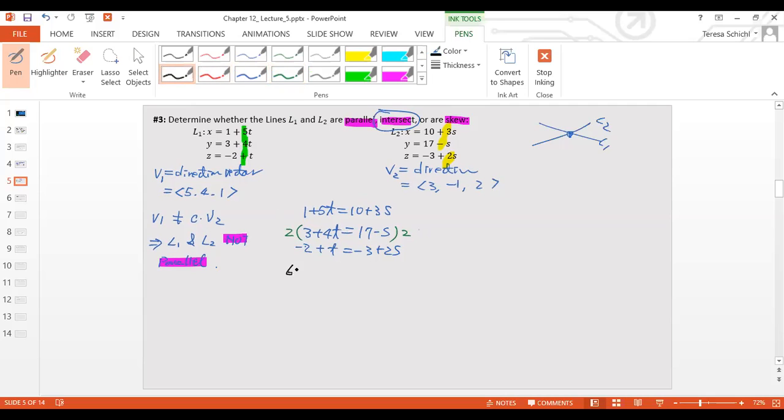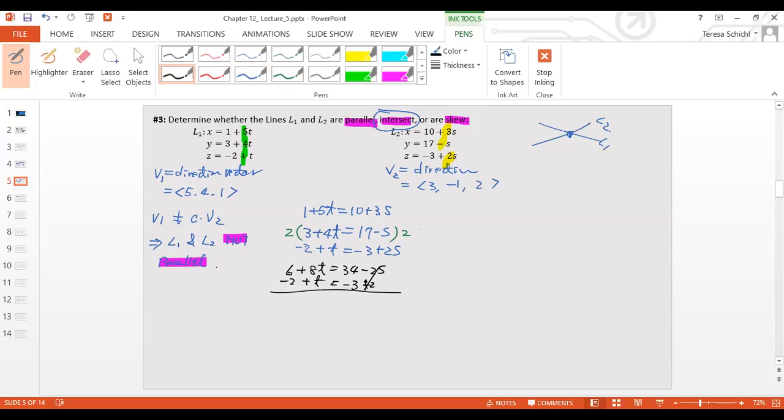So this is 6 plus 8t equal to 34 minus 2s. Now I add to the third equation. So this is -3 plus 2s. So this one cancels, right?